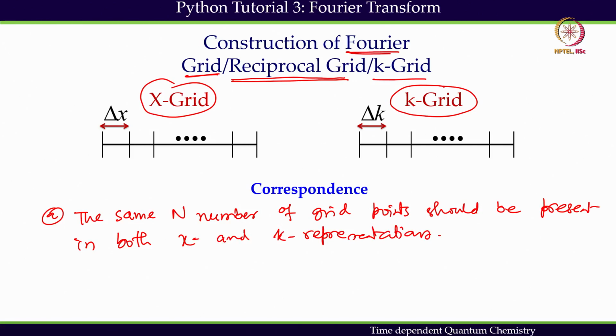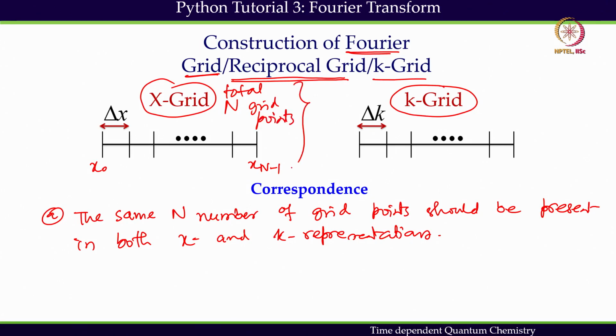So, in the x grid, let us say this is starting from x naught and going to x n minus 1, which means that I have n total grid points in the x grid.